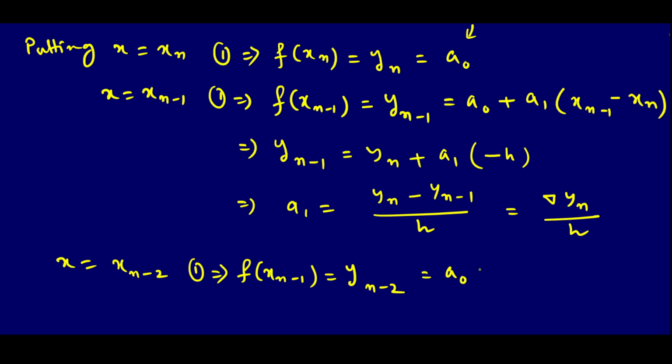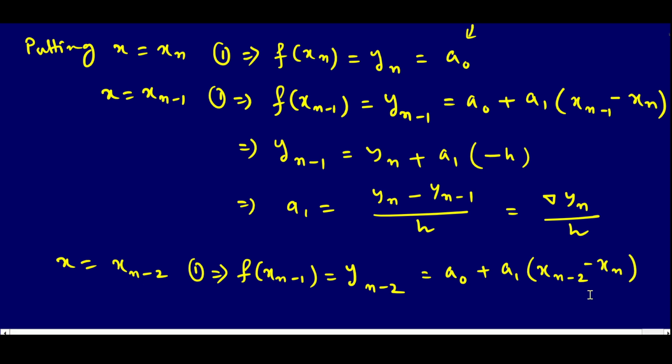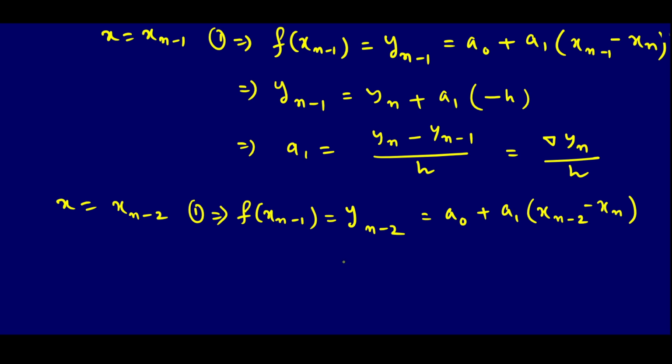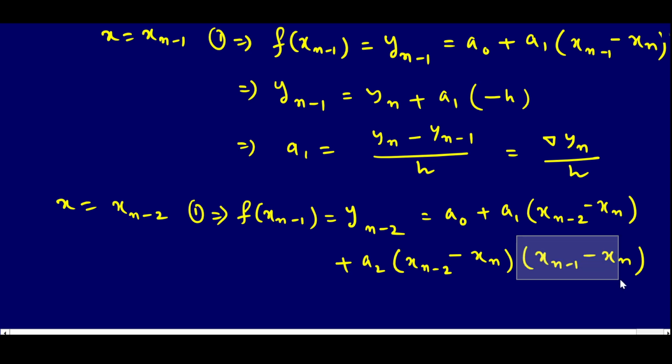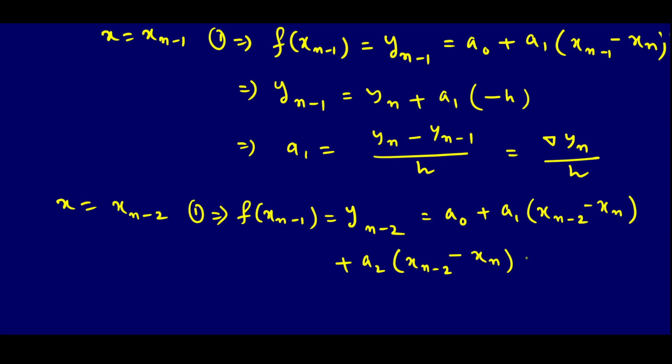On the right side, the first term is a0, then the second term is a1 into xn minus 2 minus xn, then one more term will come: plus a2 into xn minus 2 minus xn, then xn minus 2 minus xn minus 1 as the last term.